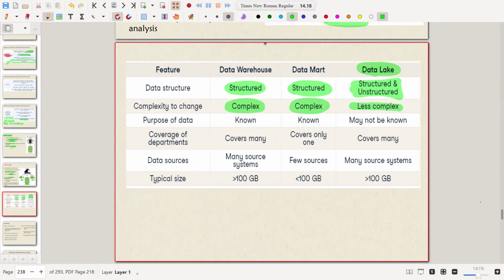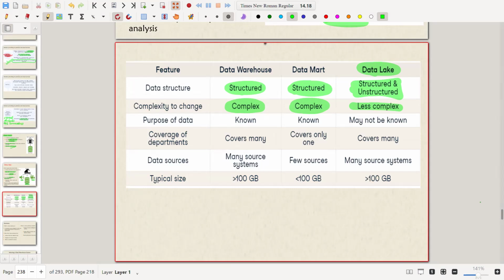So if your organization always deals with scenarios that lead to changes of the schema, or you always have to edit your data sets, then which one would you prefer? Data lake. You won't prefer a data mart, because a data lake is less complex to change. It can absorb the changes you are making.